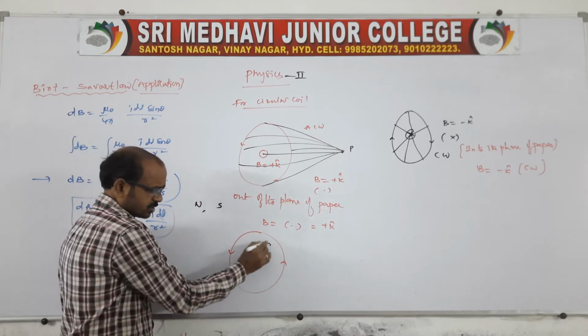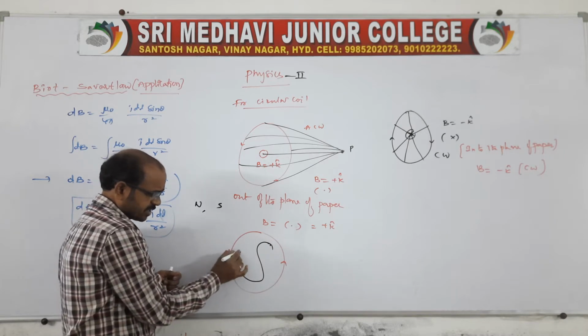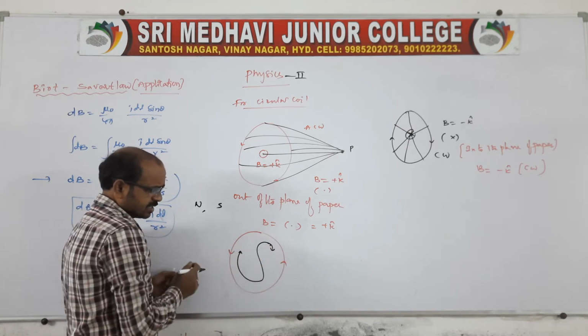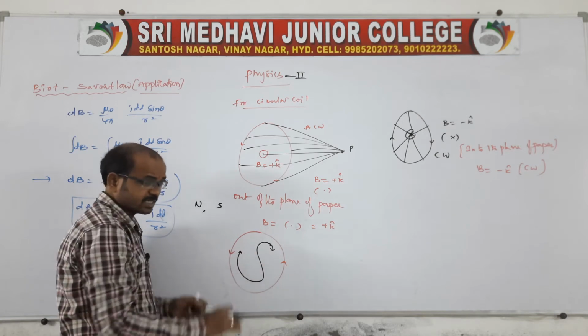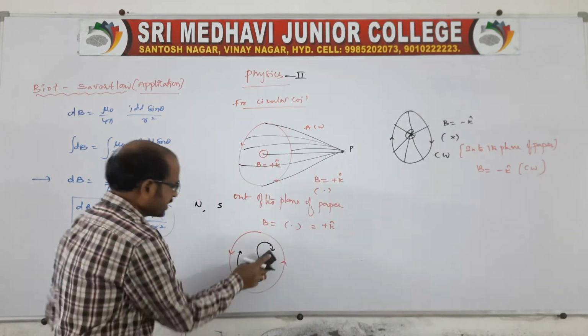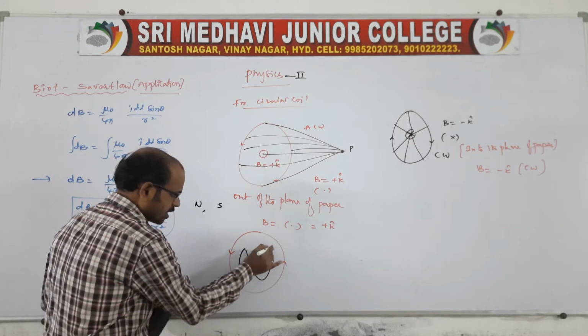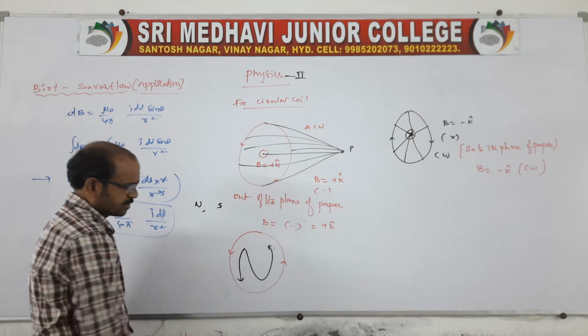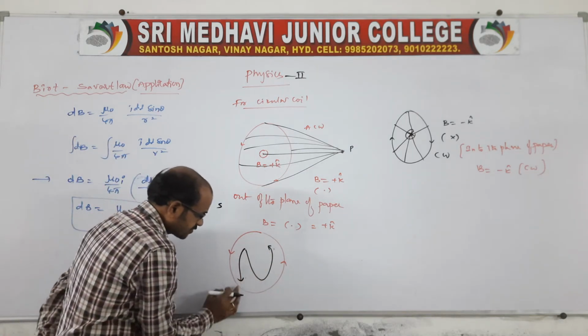Suppose I write south. Look, if I write south and draw the directions like this, is it in the same direction? No, it indicates opposite, so it is not a south pole. Suppose I draw north, look, yes, north ends, you draw arrow marks. What do those arrow marks indicate? It is the direction of the current.